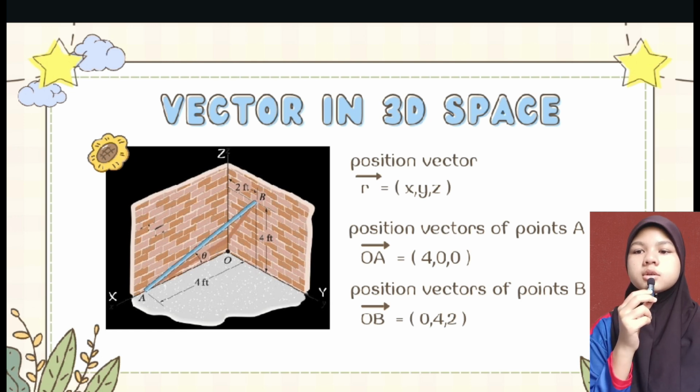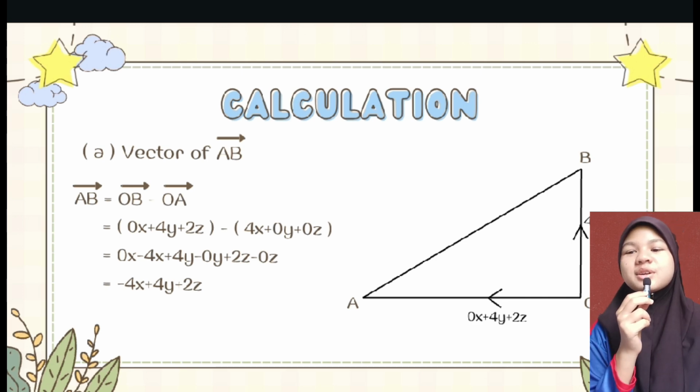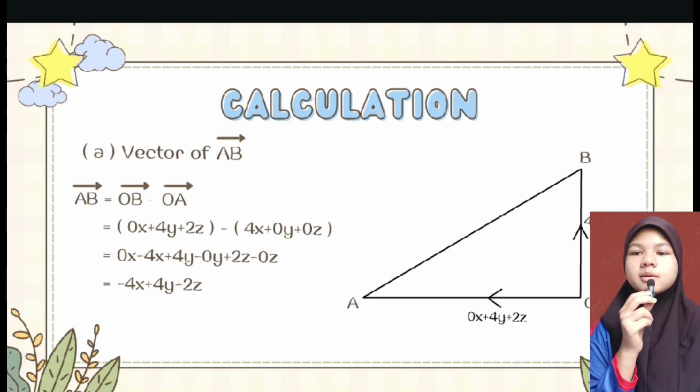Let's look at question A. The question A is to find the vector AB. Vector AB is equal to OB minus OA, which is 0x plus 4y plus 2z minus 4x plus 0y plus 0z. And the final result is negative 4x plus 4y plus 2z.